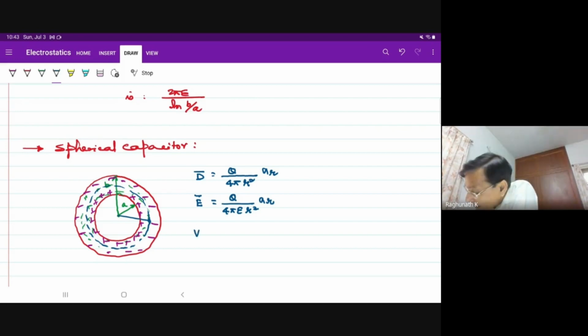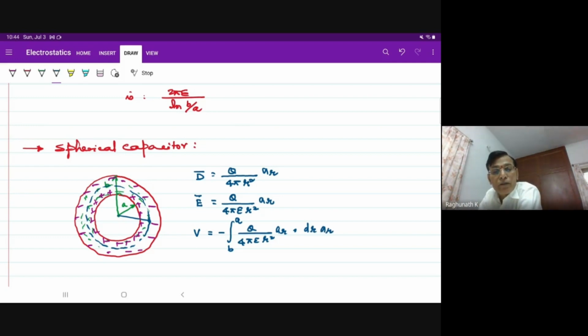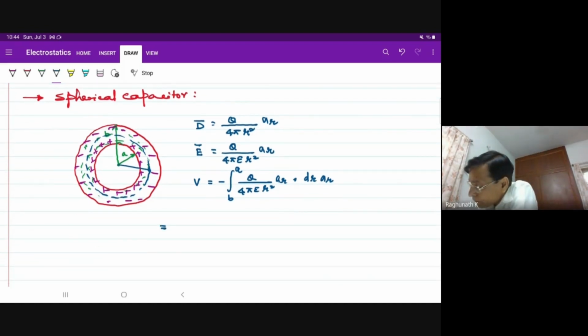And the potential difference V is equal to minus integral from b to a of Q by 4 pi epsilon r squared aR dot dr aR, which is equal to integral b to a.